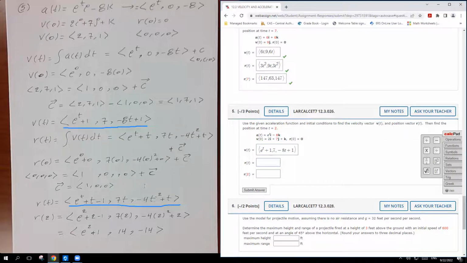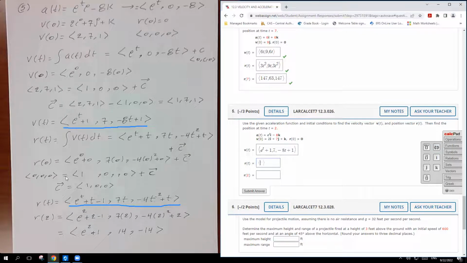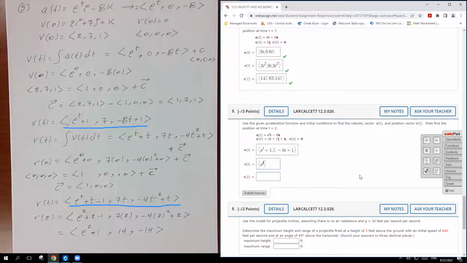The position vector is going to be, as a vector, e to the t plus t minus 1, comma, and 7t, and comma, and the last one is going to be negative 4t squared plus t.